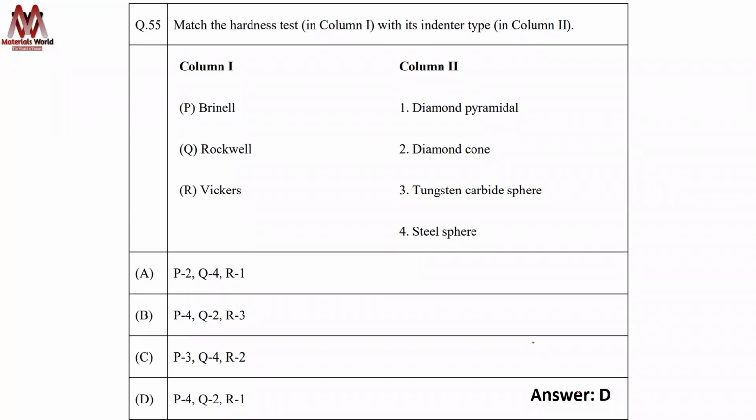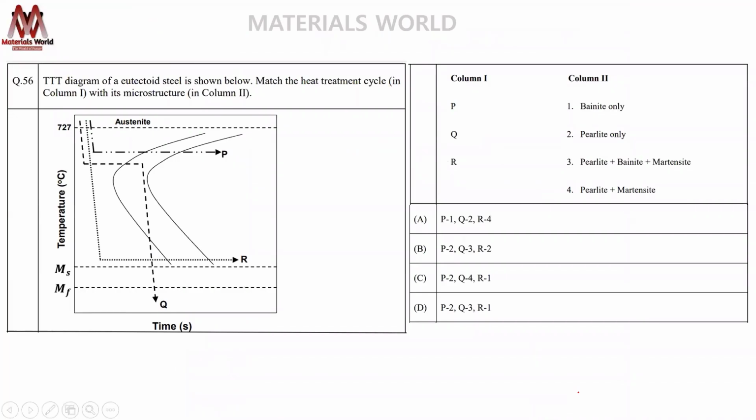Okay, now next question. This question is really interesting, and the answer for it is C. Unfortunately, many of you don't understand the very basics of the TTT diagram. The basic thing is: what is the starting temperature of any transformation, what is the starting point, what is the final point, and when will you get a transformation and when will you not, if you draw any kind of path.